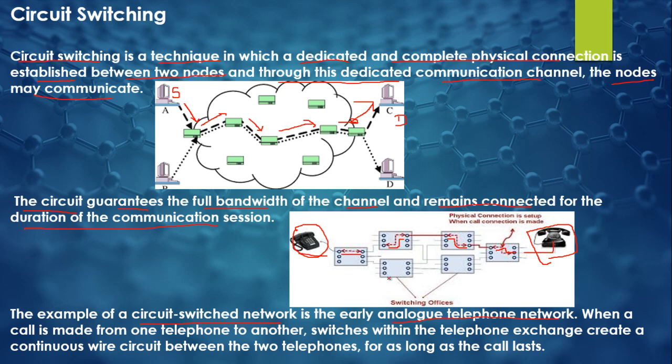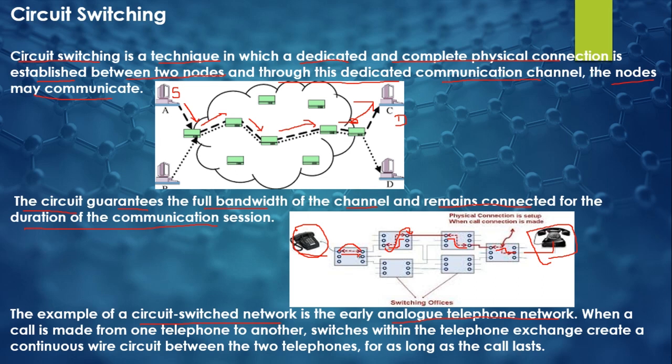So once the voice data from this telephone line moves from this point to this point, then to the next switching station, and from this point to this point, and then it moves to the next switching station, and from there this point to this point.